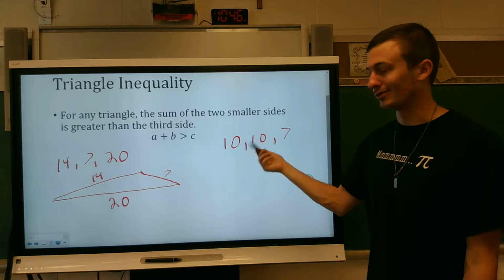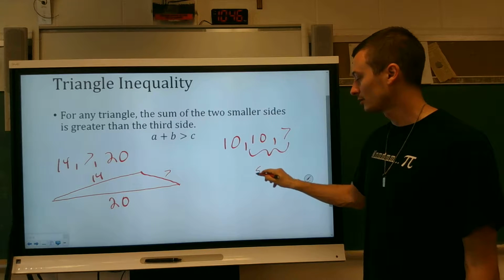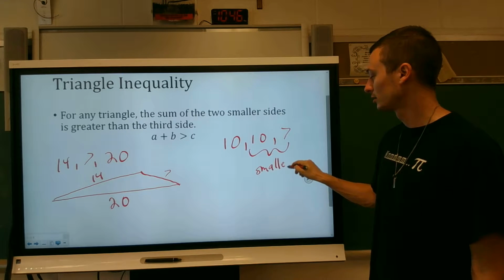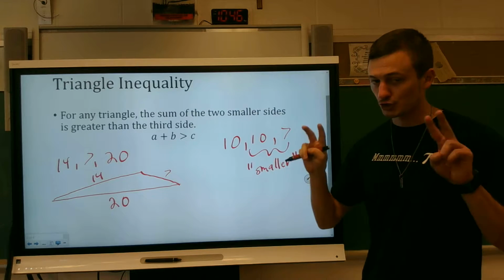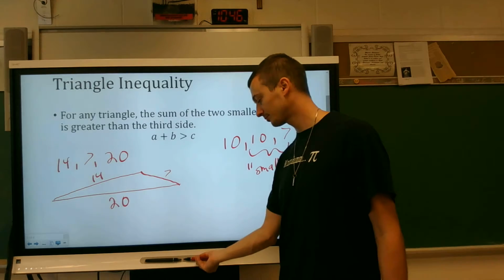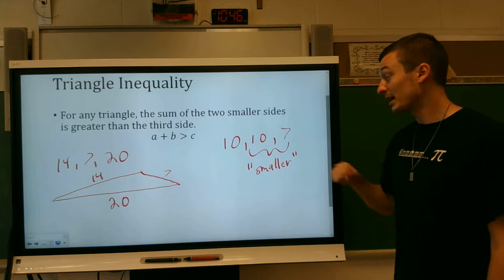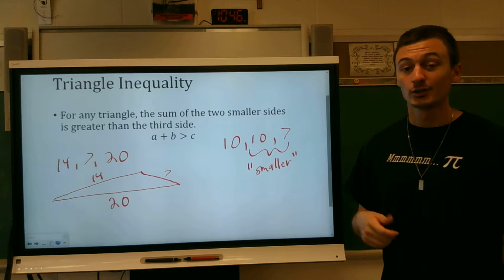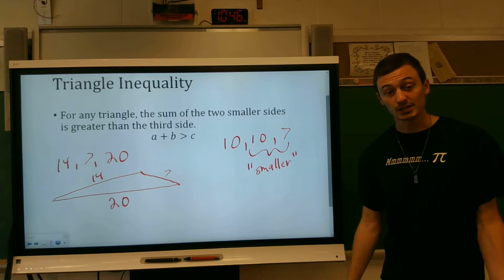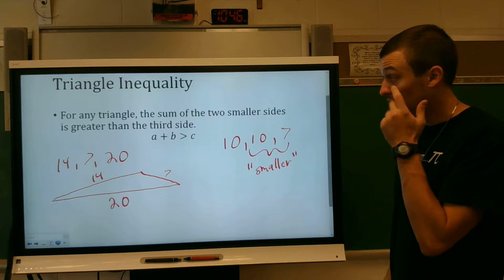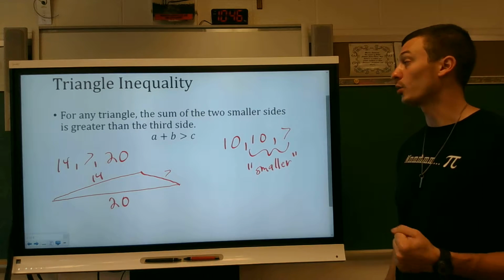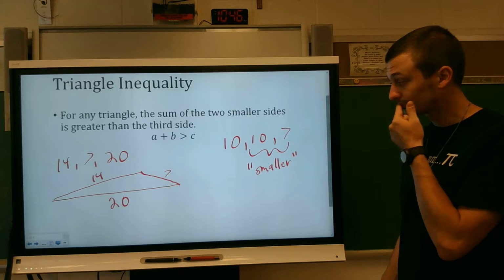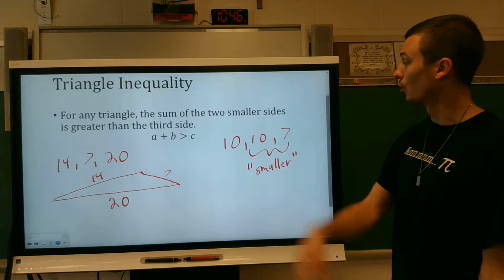If these two are equal, I'm going to say that these are the smaller sides. But that would make a triangle, because 10 plus 7 is 17, and 17 is bigger than 10. So that would make a triangle. In fact, it would be an isosceles triangle. Cool. So that's the triangle inequality theorem. Next slide.